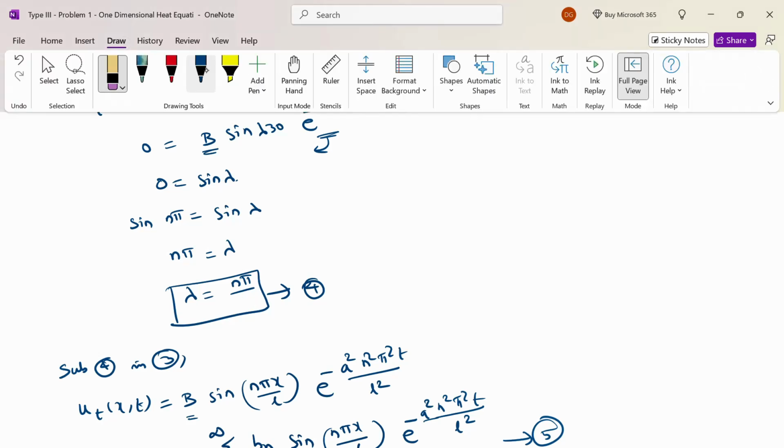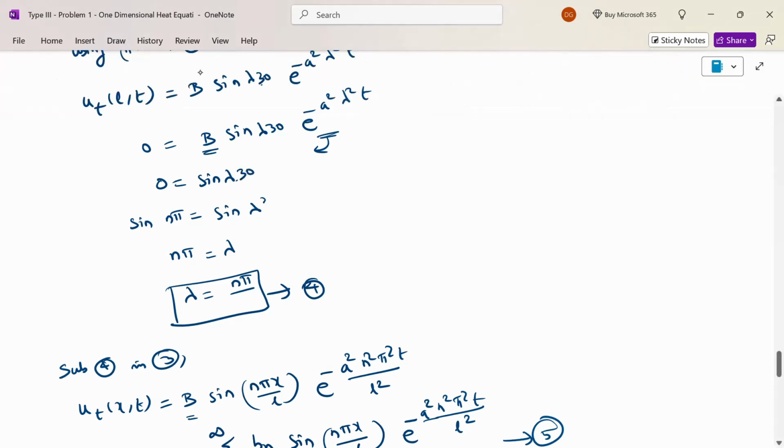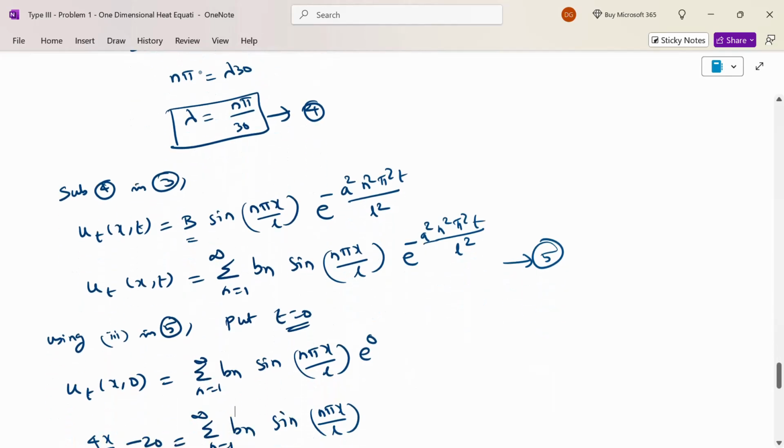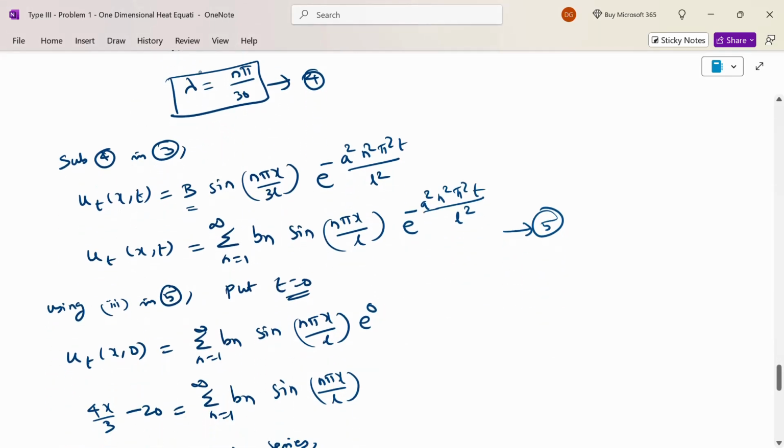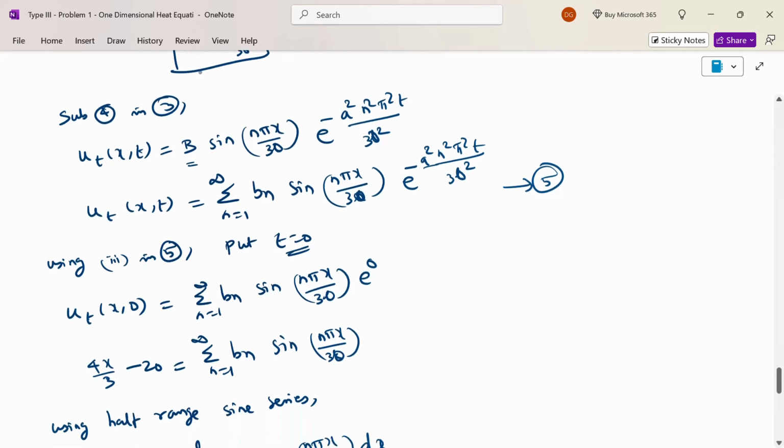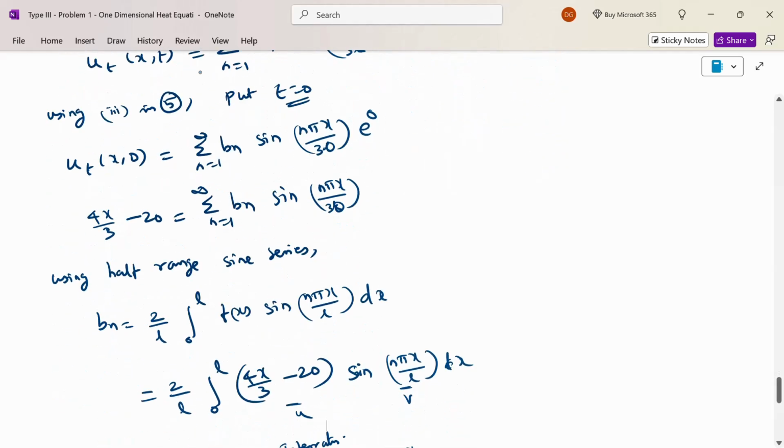So therefore 30, 30, this is 30, lambda n pi by 30. Now this is 30, 30 square, and here also 30, 30 square. And then using the half range series, this is the formula.